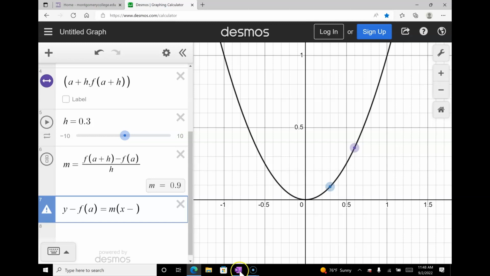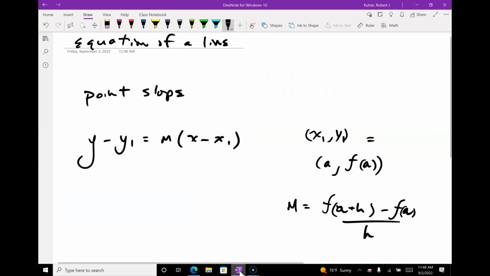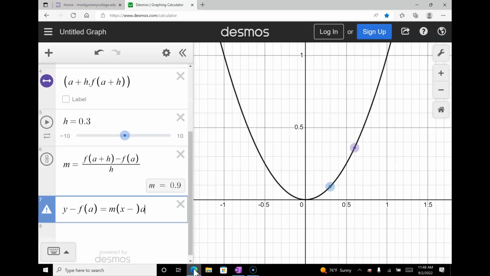Don't we have it on our paper? X minus x sub 1. What was x sub 1? A. Whoops. And there's my secant line. Let me know if you don't have it. You have the slope calculated and you have the secant line showing up to your 2 points.